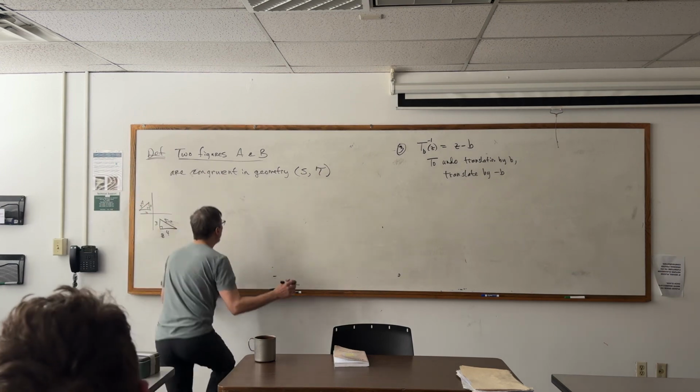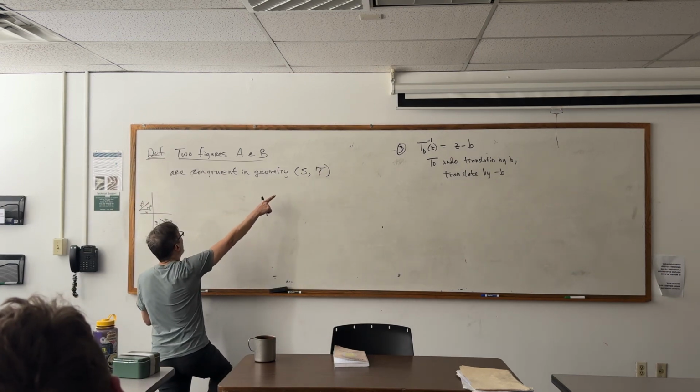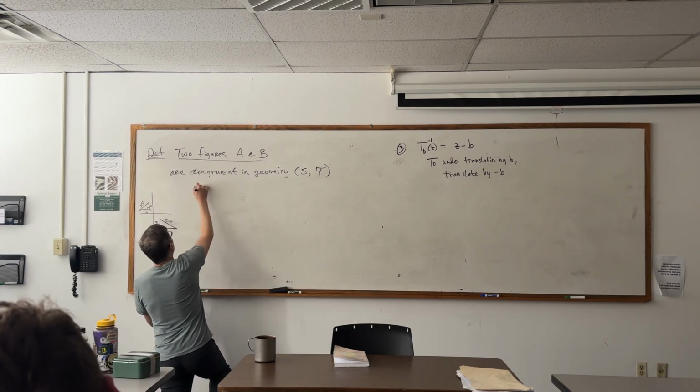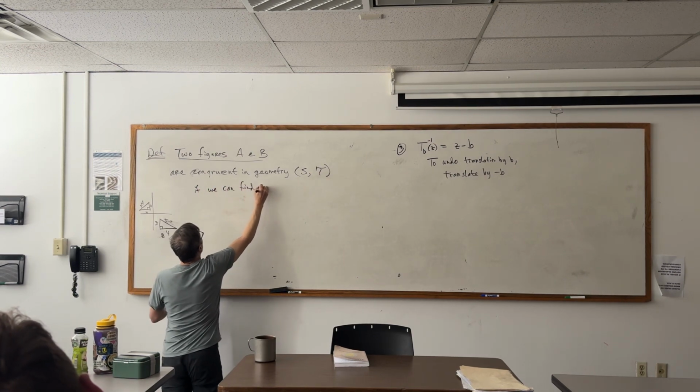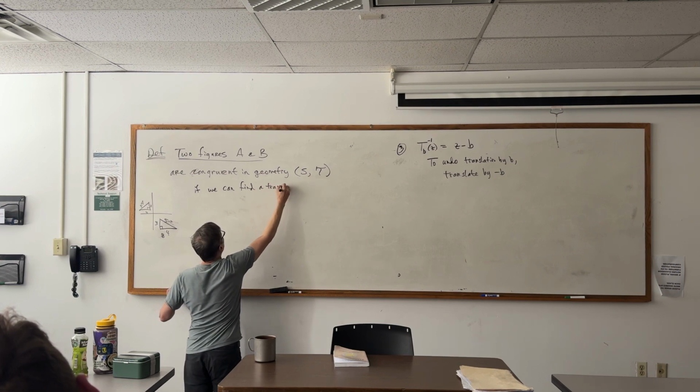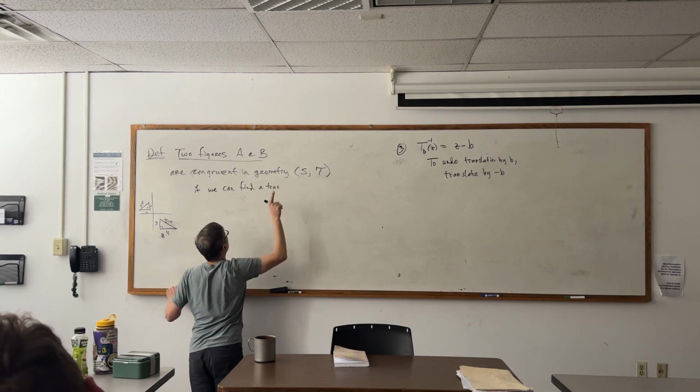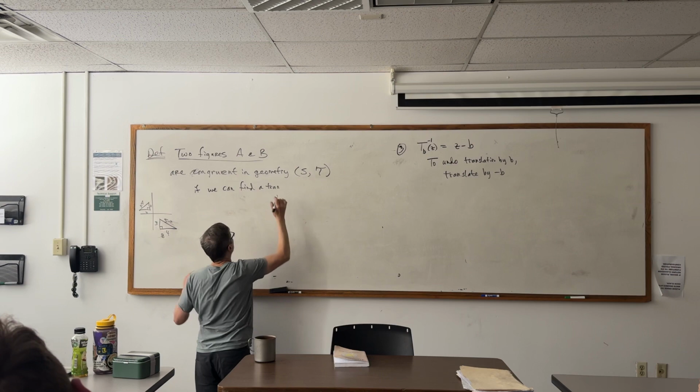These are two figures. They are congruent in our geometry if we can find a transformation that takes one to the other, but it's got to come from our restricted set of transformations.